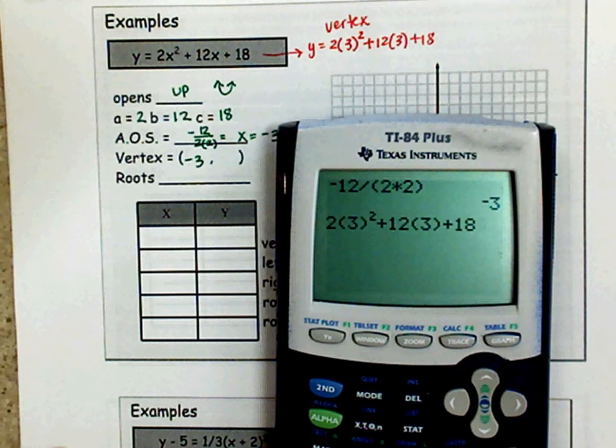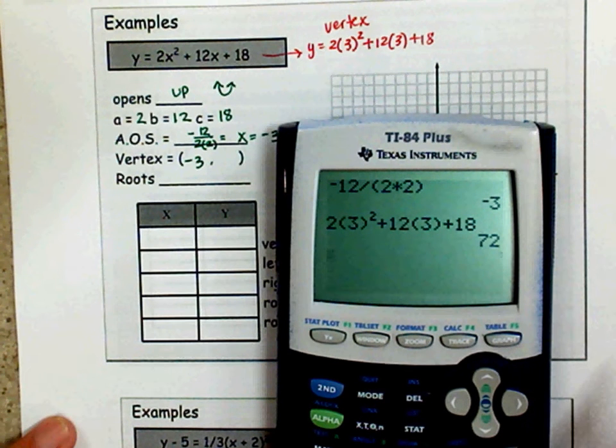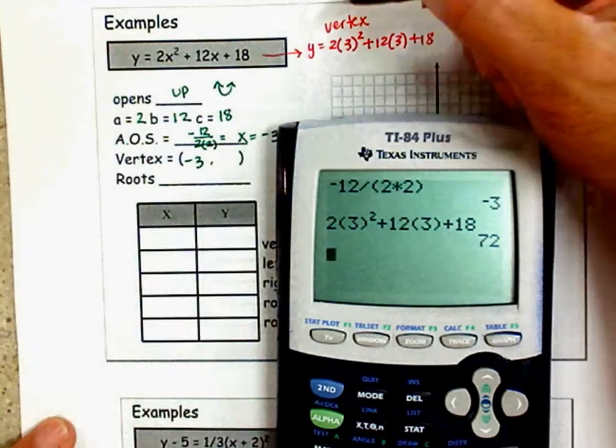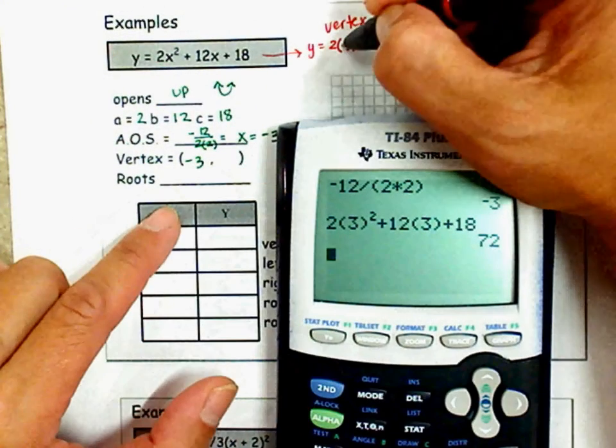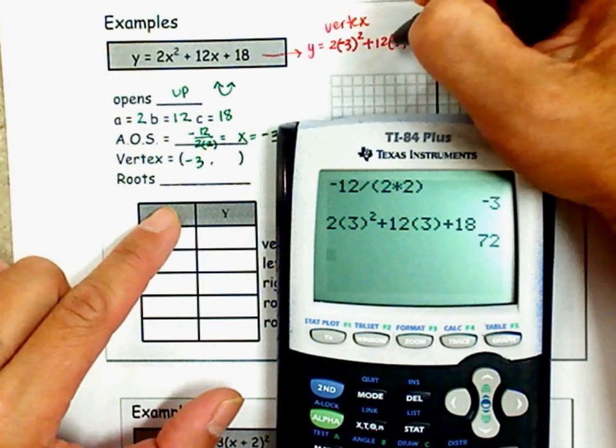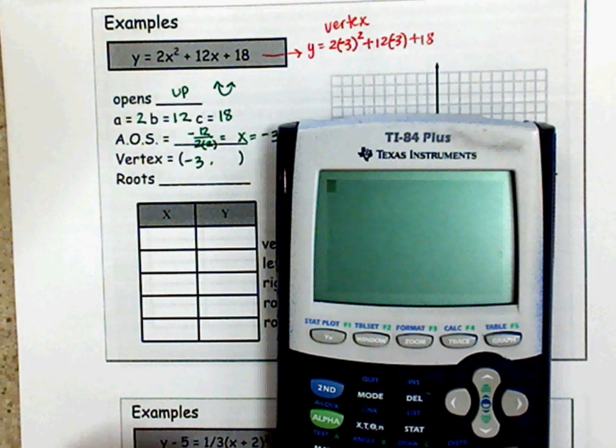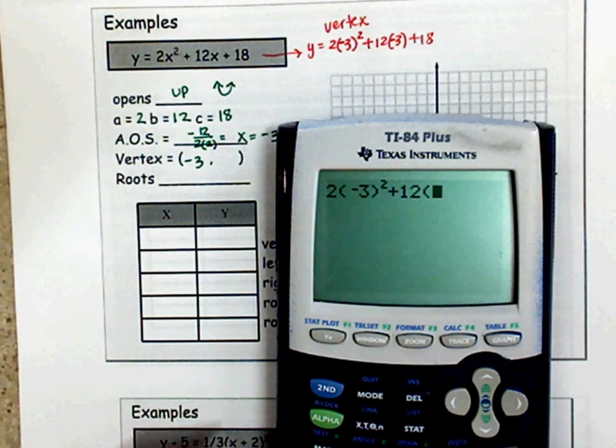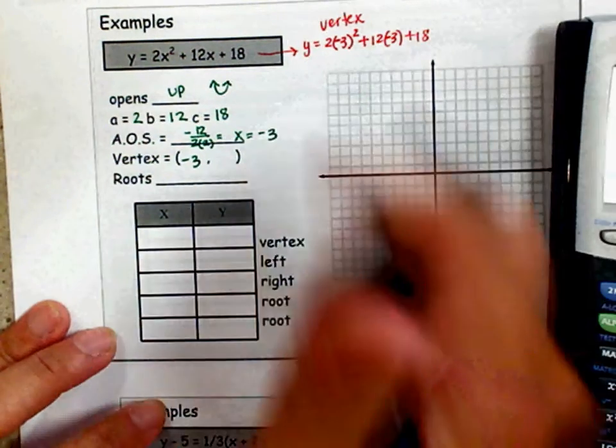Oh, look at that. I screwed up. What should it be? Not 3, but -3. Let's try this again. I was like, that is way too big of a number. Plus 12 times -3 plus 18. Oh, that looks more like it. So 0. So y here is equal to 0.